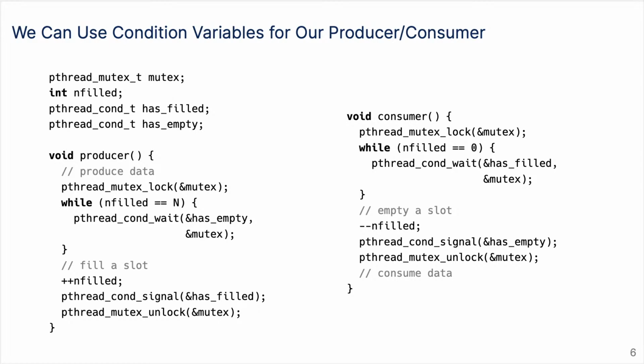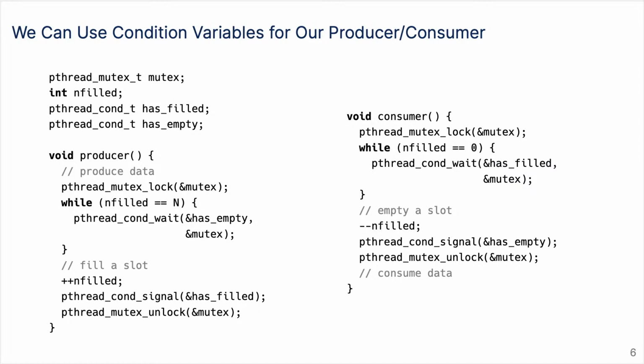And then in the consumer, it's pretty much the dual of that. So it would grab the mutex, and then its condition is it would wait while there are 0 filled slots. If there's nothing filled, I can't consume any data, it's all empty. So I would put myself to sleep and add myself to a queue that's waiting for at least one filled slot, with the mutex.